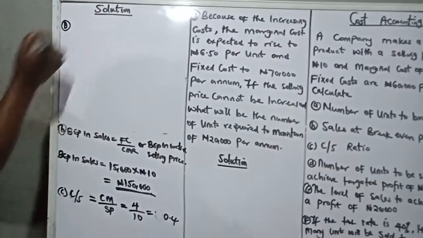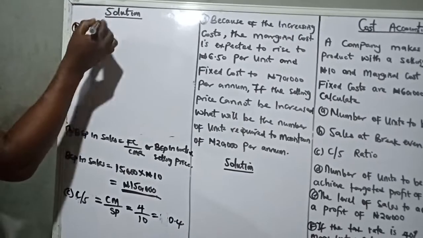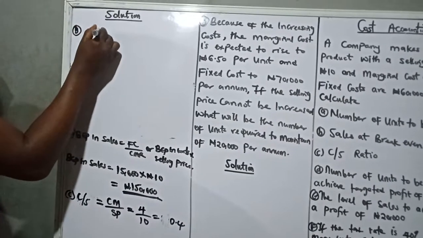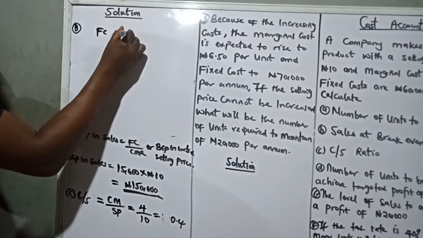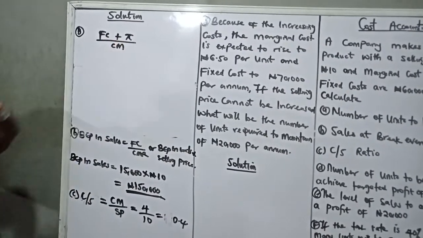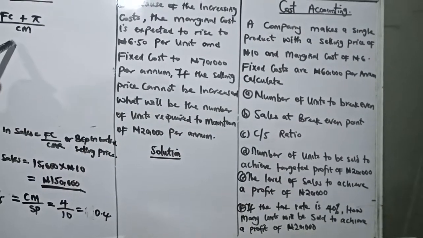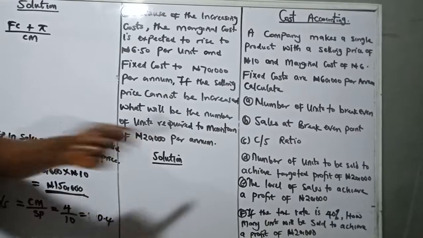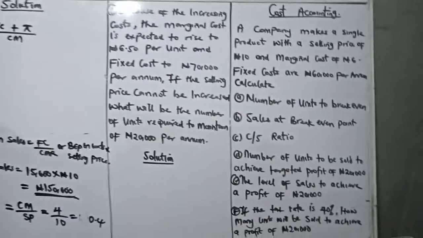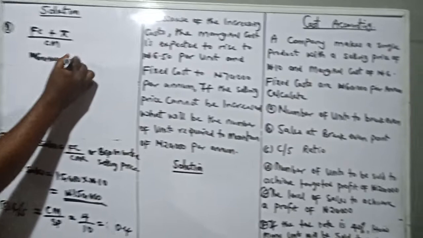So this is D, number of units, targeted profit. I also gave you the formula in the last class, which is fixed cost plus profit all over CM. Remember, I said number of units. If it is sales, I will use CMR. Number of units to be sold to achieve a target profit of 20,000. So my fixed cost will remain 60,000. Don't forget. My profit is what?